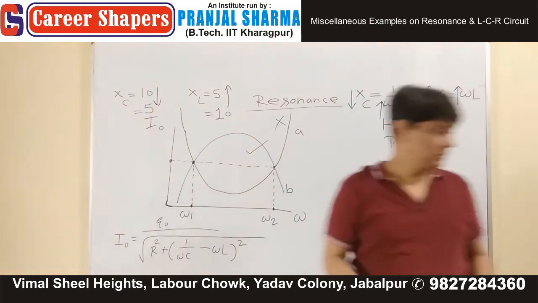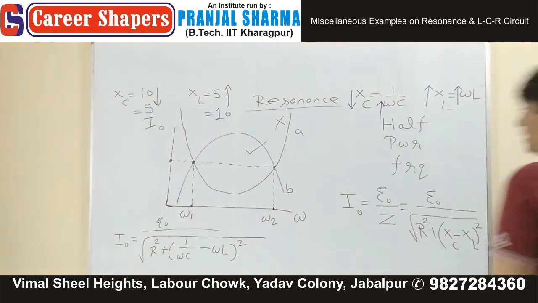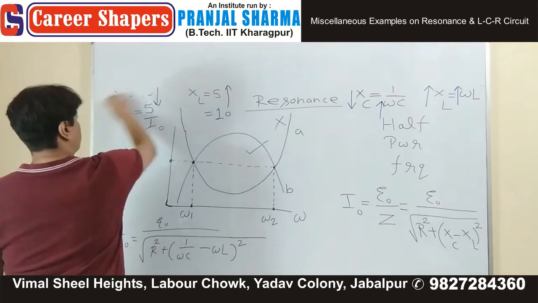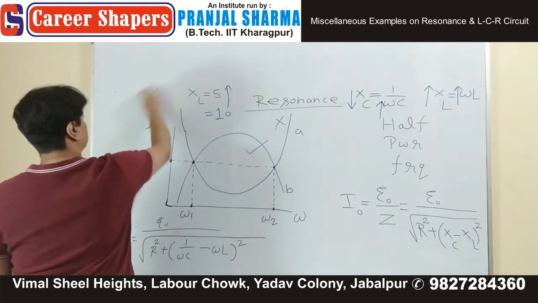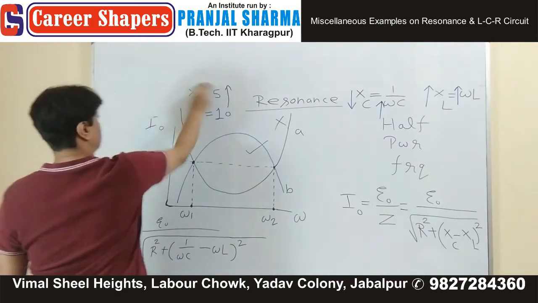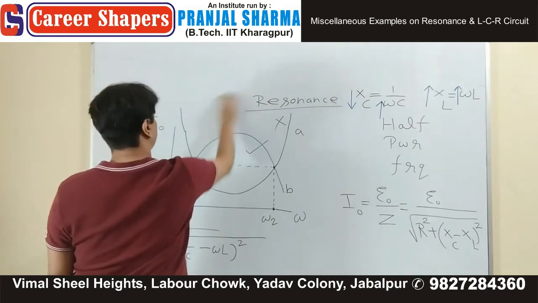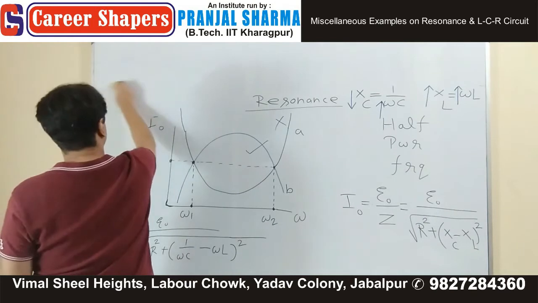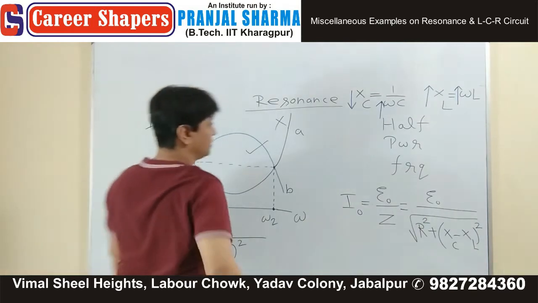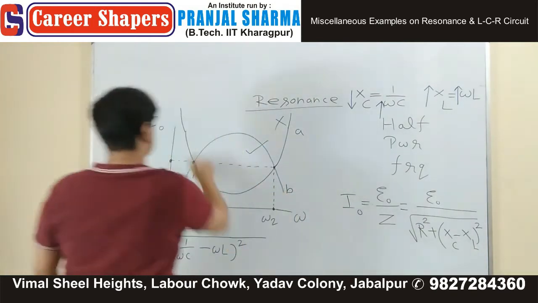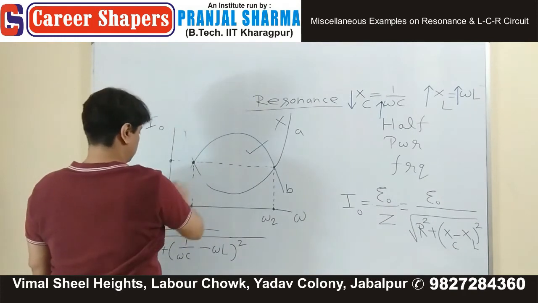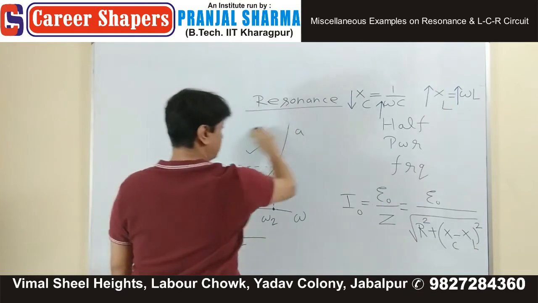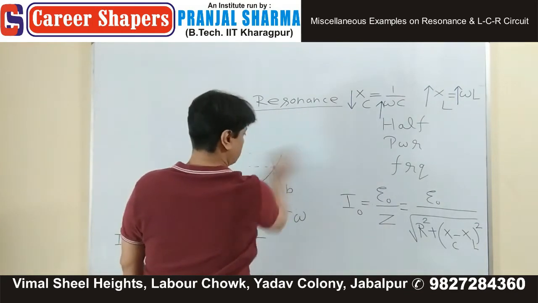Now let me draw the correct graph between I naught and omega. But whenever you find questions based on graphs in any objective examination, if you use this kind of logic, then you can easily eliminate wrong options.